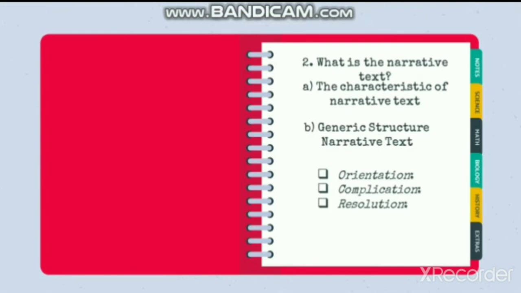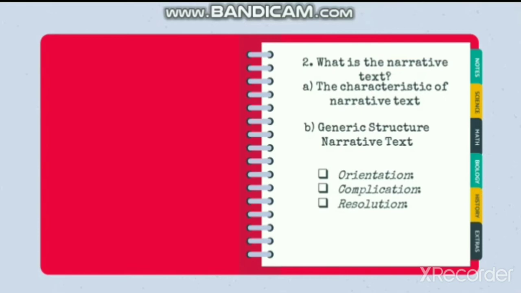The definition of narrative text: the word narrative is actually taken from the Latin narrare, which means to tell. Meanwhile, according to the Cambridge Dictionary, narrative text is a story or description of a series of events.